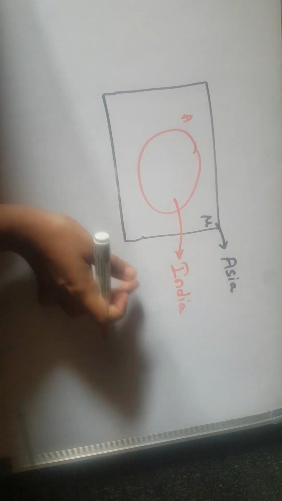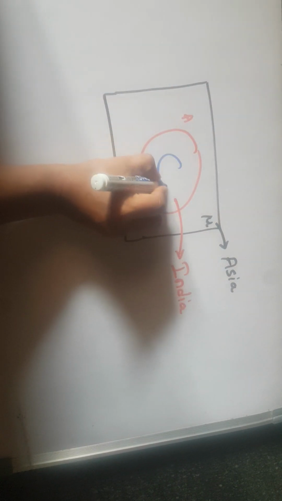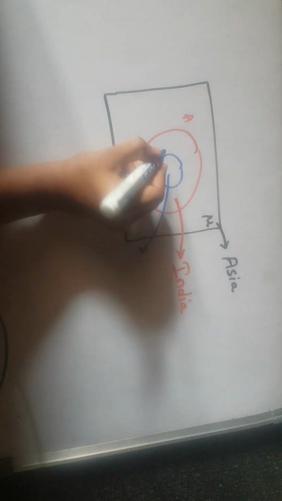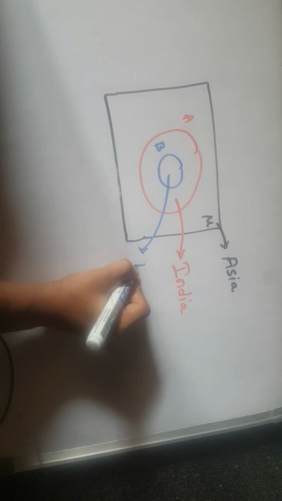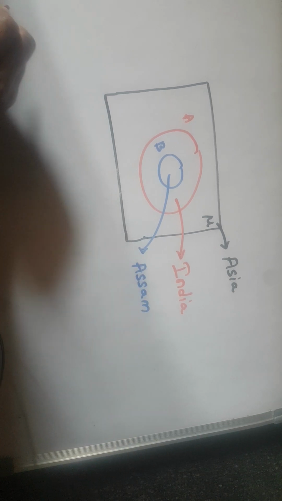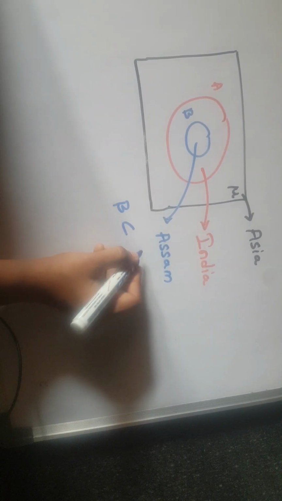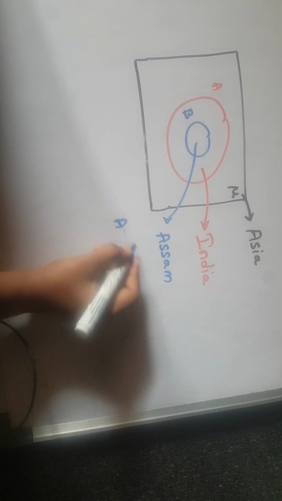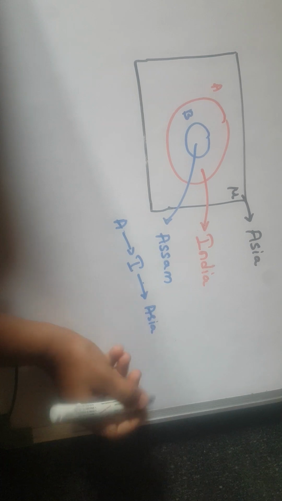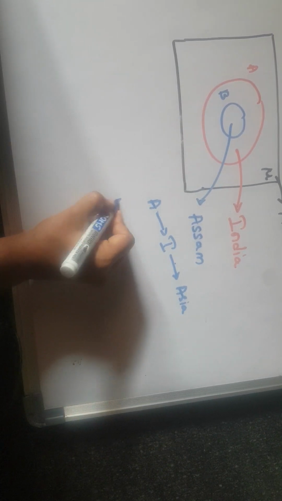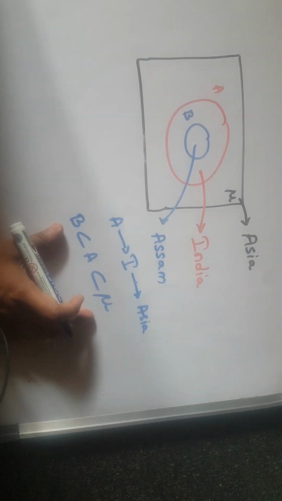In Asia you have one of the countries, India, and in it one of the states, this is B, Assam. B is present in India, Assam is present in India, and India is present in Asia. In that way, B is a subset of A, and A is a subset of the universal set.